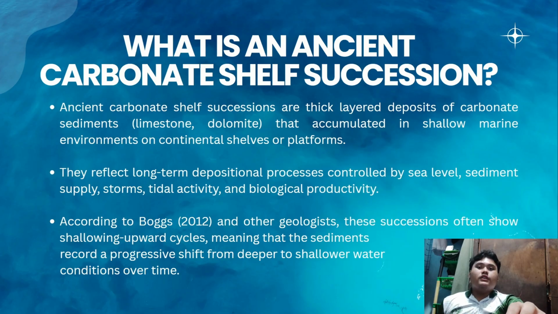They reflect long-term depositional processes controlled by sea level, storms, tidal activities, and biological productivity. According to our research in Boggs 2012 and other geologists, these successions often show shallowing upward cycles, meaning that the sediments record a progressive shift from deeper to shallow water conditions over time.